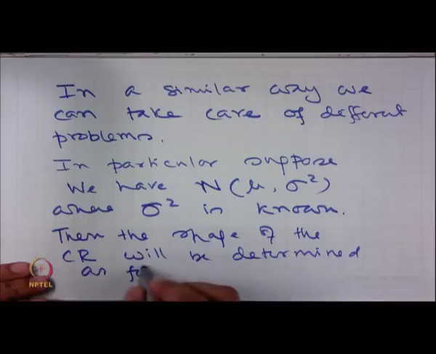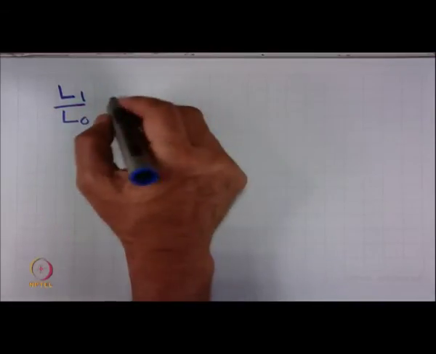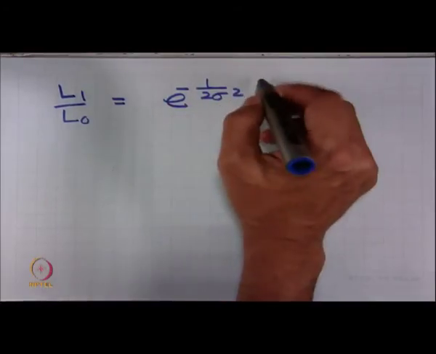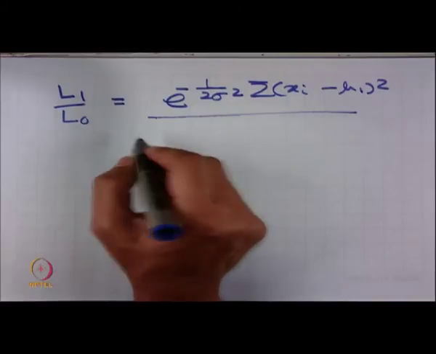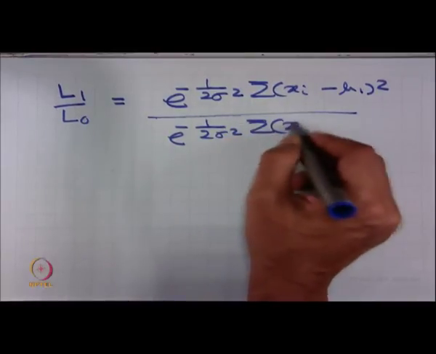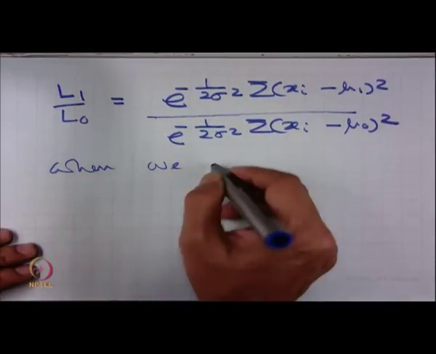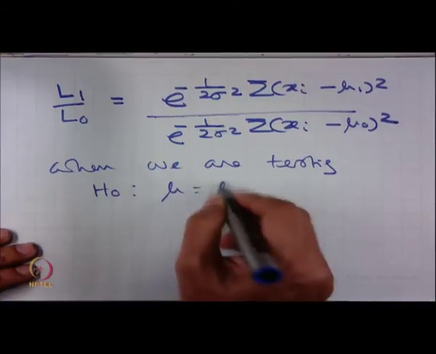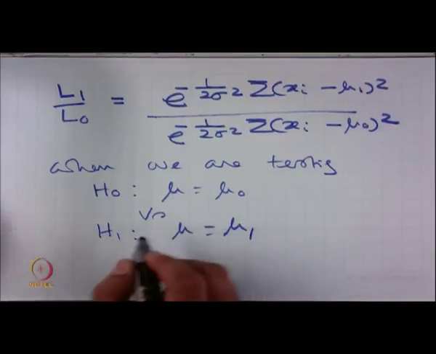So, L1 upon L0 is equal to e to the power minus 1 upon 2 sigma square into sigma xi minus mu 1 whole square upon e to the power minus 1 upon 2 sigma square sigma xi minus mu naught whole square when we are testing H naught mu is equal to mu naught versus H 1 mu is equal to mu 1.